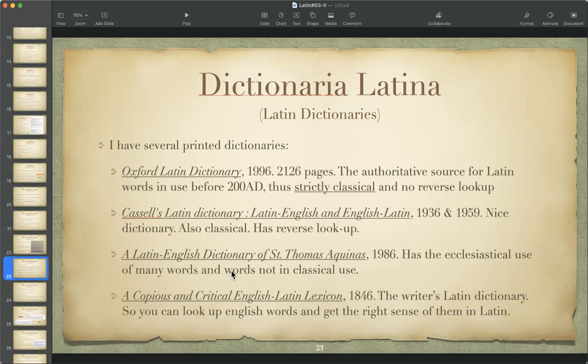There we go. It's probably not in there because flumina is in the classical dictionary, and flumina is a river. And I don't think we have any mystical writings of Thomas Aquinas about rivers, although you never know. He did write a lot. So the point I'm making is that the classical dictionary and the ecclesiastical dictionaries have a different set of words.